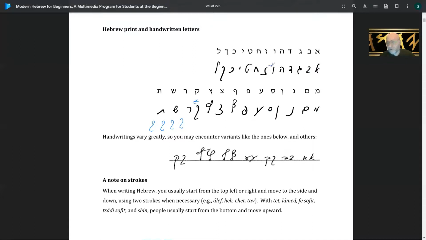You see the different memory tricks I'm using? The Zayin is going to the right. This snake is going to the left. Kof, Resh. All right, we'll try it again.